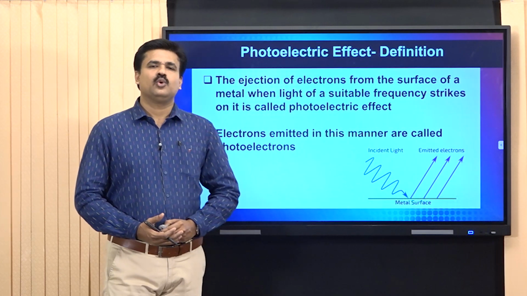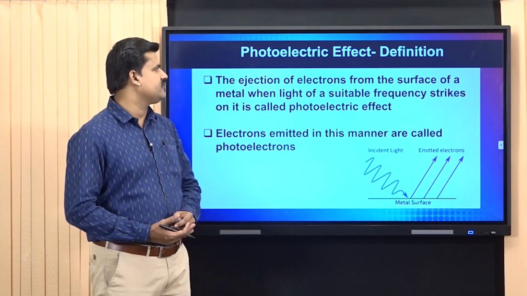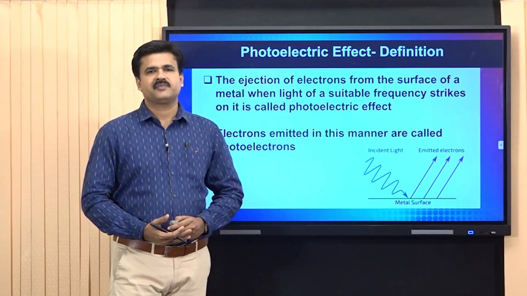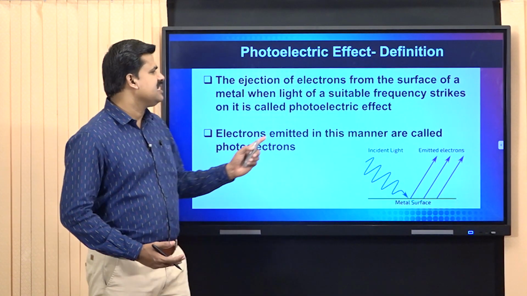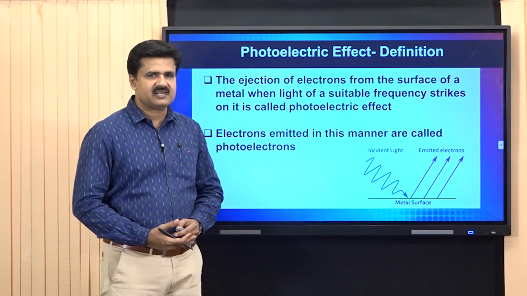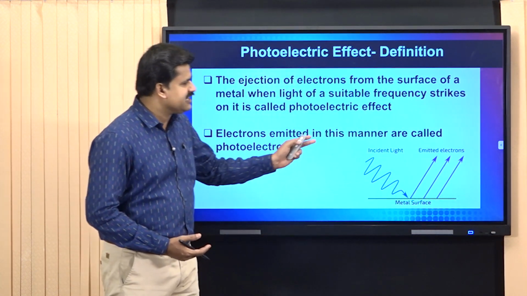The definition of photoelectric effect. The ejection of electrons from the surface of a metal when light of suitable frequency strikes on it is called the photoelectric effect. Electrons emitted in this manner are called photoelectrons.